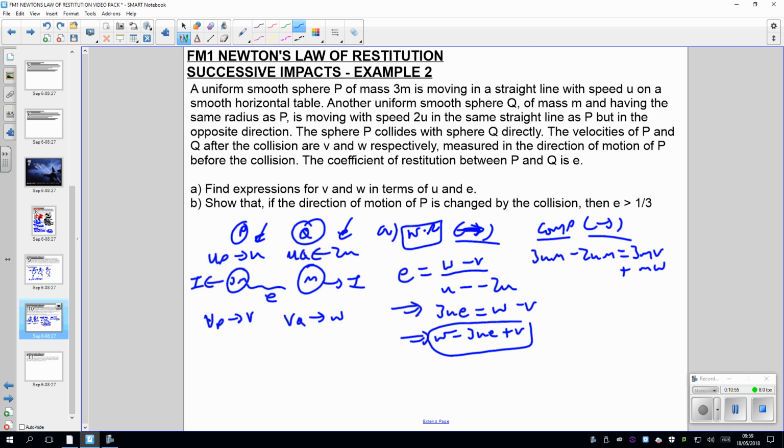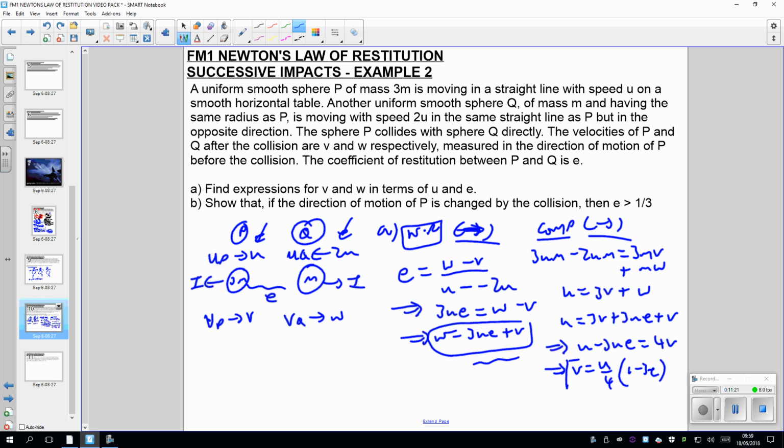We get u equals 3v plus w, and we know w is that thing over here. So 3v plus 3ue plus v. Okay, cool. So therefore we get u take 3ue is 4v. So v must be u over 4, 1 take 3e.